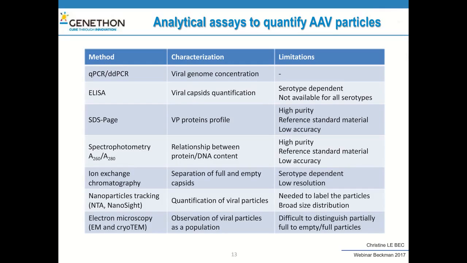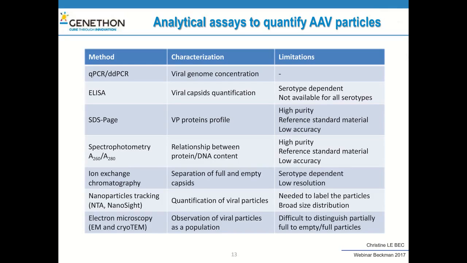It gives you a quantification of the viral capsids, but this kit is not available for all serotypes, and it has this limitation. But if you have the kit available for your serotype, you can quantify the ratio of full and empty by making the difference between the ELISA and the qPCR methods.